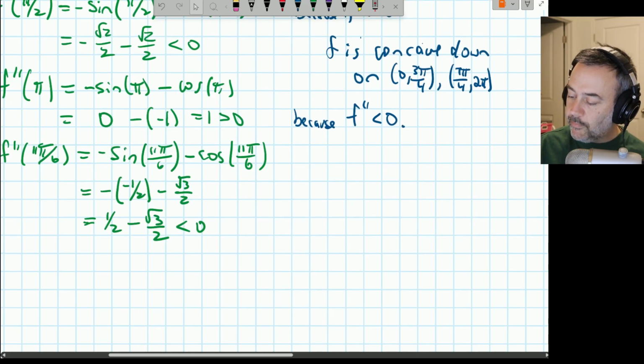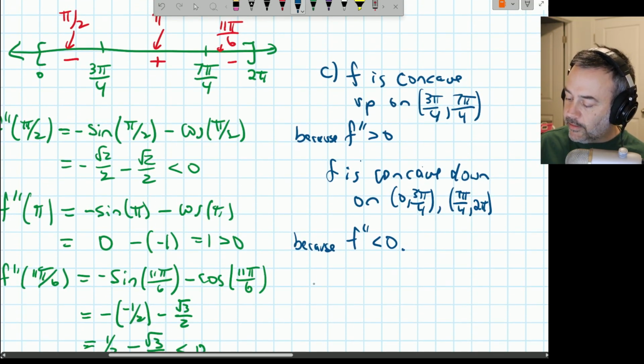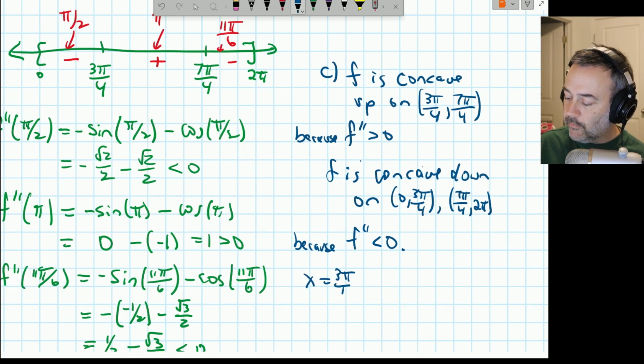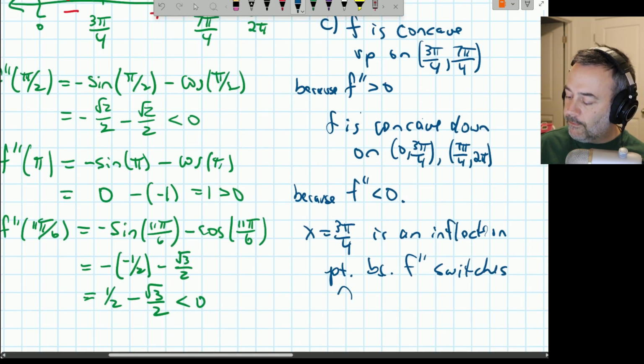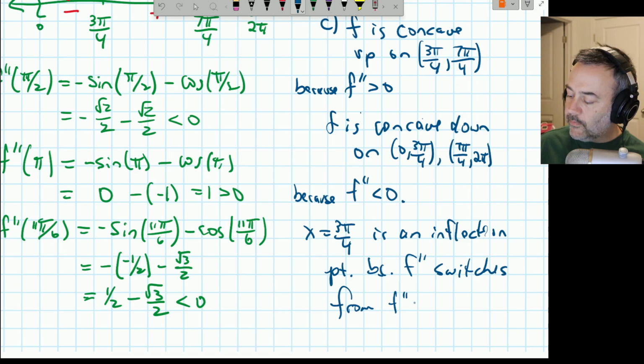So that means we have an inflection point. So x equals 3 pi over 4 is an inflection point because f double prime switches from f double prime being negative to f double prime being positive.